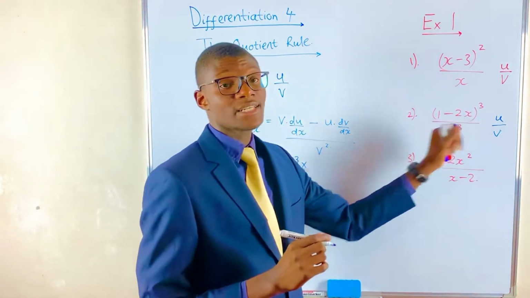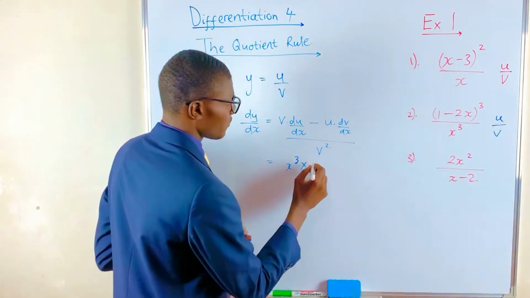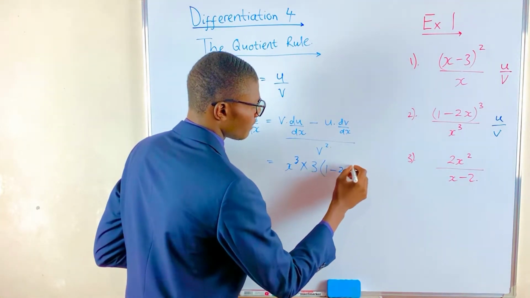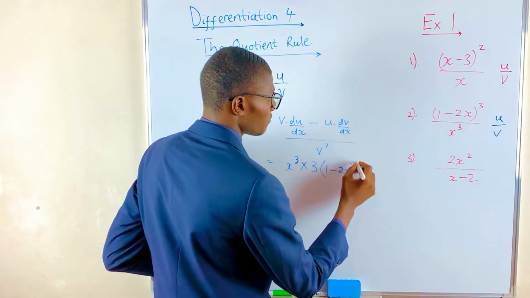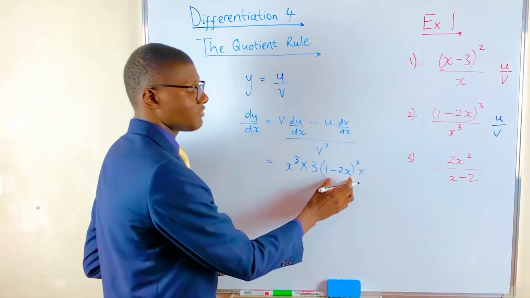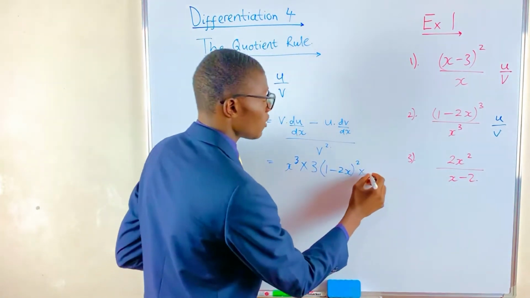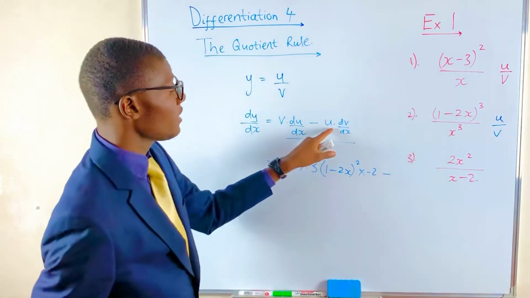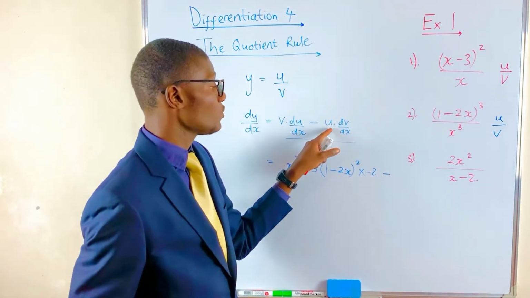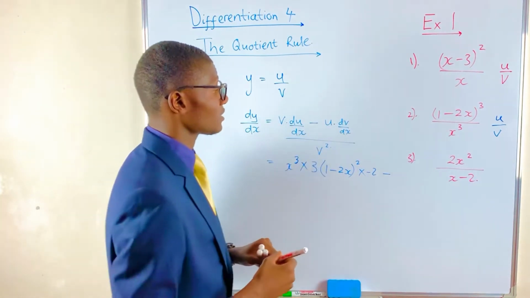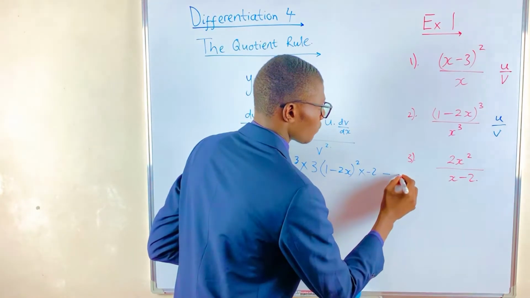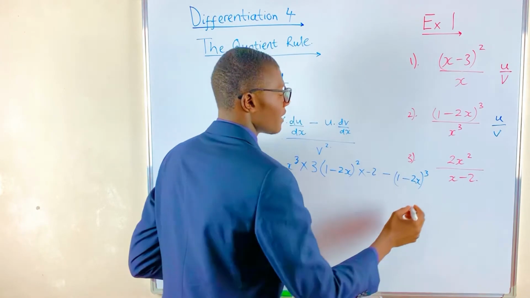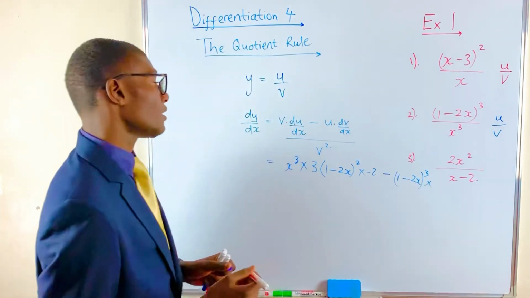Differentiating the numerator using the chain rule, we drop the power 3, multiply by our linear function, subtract 1 from the power of 3 to get a 2, then multiply by the derivative of this linear function, which is minus 2. Then minus u times dv by dx, so u being (1 minus 2x) raised to the power of 3, times dv by dx.